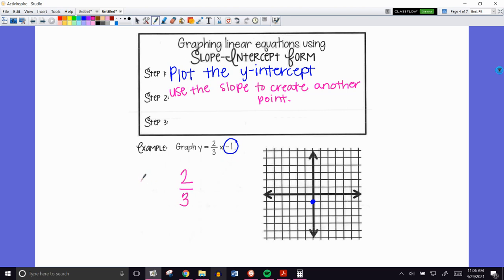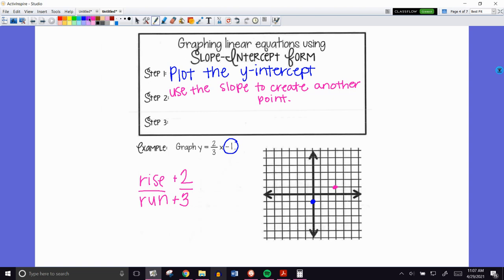Now, remember that we said with a graph, slope is rise over run. So my 2 is positive and my 3 is positive. That tells me +2 for my rise is on my y-axis, so I'm going to go up 2. And then 3 positives would go to the right. So 1, 2, 3. Okay.